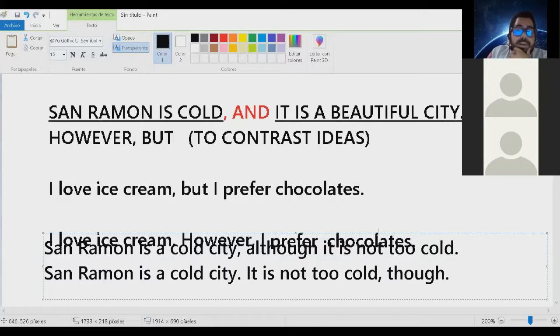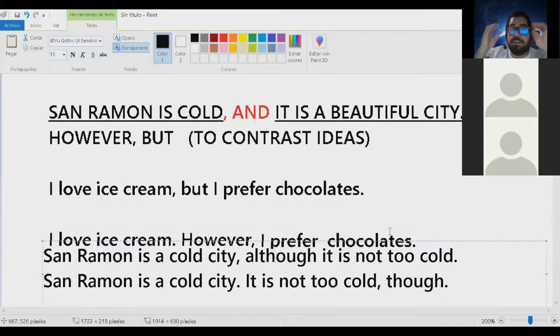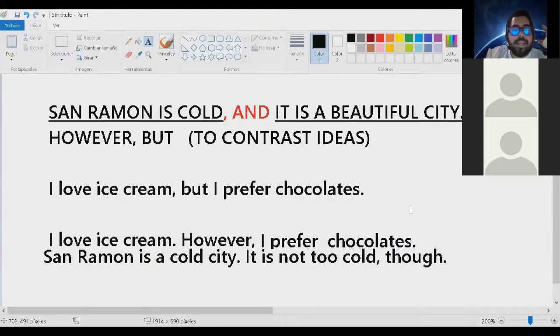And remember that though is aunque. But I told you before, this is not with your Spanish brain, so it could be a little bit tricky, strange. Puede ser un poco extraño, guys. However, it is important to know it. San Ramon is a cold city. It is not too cold though.